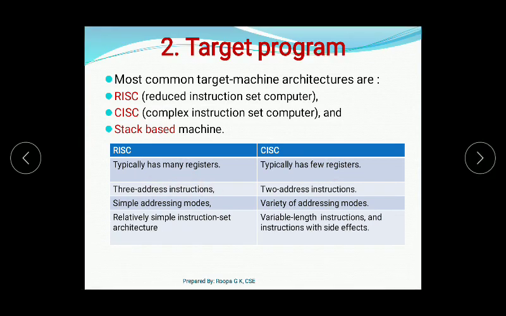Then RISC will make use of simple addressing modes like direct addressing or immediate addressing, whereas CISC will make use of a variety of addressing modes like indirect addressing or indexed addressing, etc. Then RISC contains relatively simple instruction set, whereas CISC contains variable length instructions and instructions with side effects. So target program may make use of either RISC or CISC depending upon the architecture used.